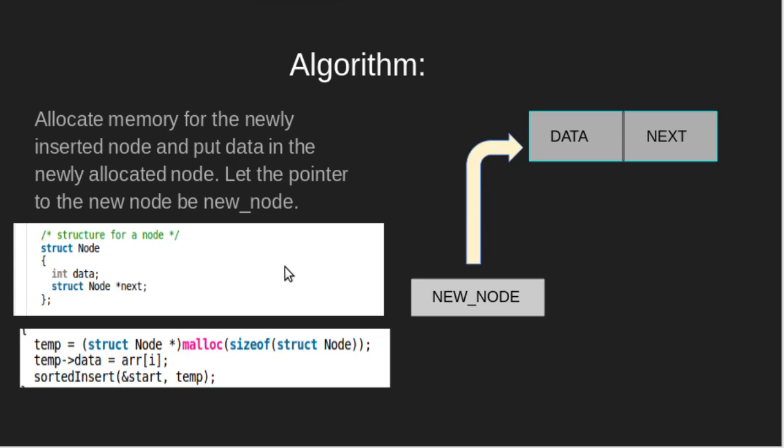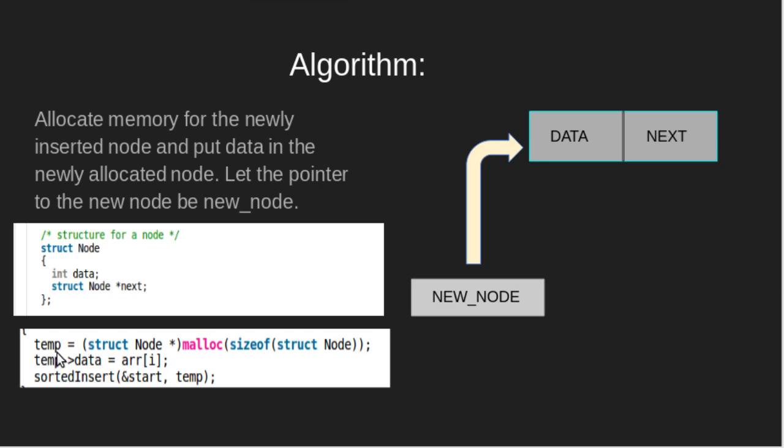Algorithm: first you have to allocate memory for the newly inserted node and put data in the newly allocated node. Let the pointer to the new node be new node. Now this is the structure of the node: struct node, integer data, struct node star next. Now this will allocate the memory.